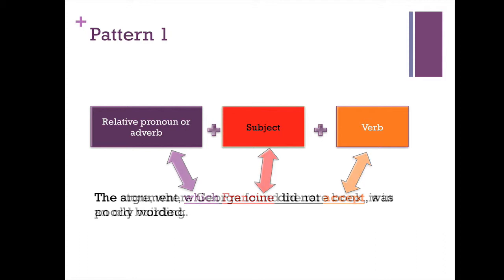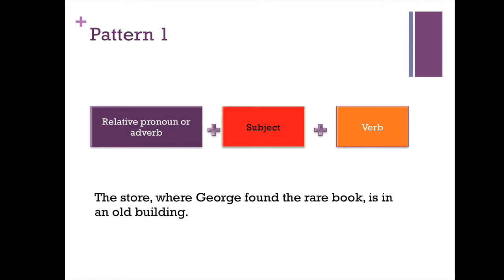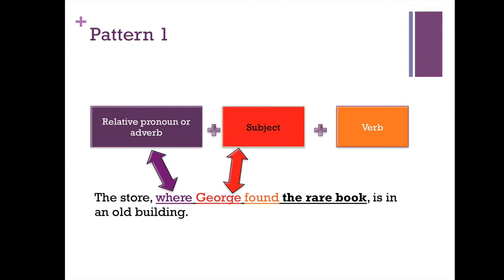Let's see another example. The store where George found the rare book is in the old building. Okay, there is our relative clause, where George found the rare book. It starts with a relative pronoun or adverb, goes on to the subject, and then found, the verb. And of course, the rare book is the object in this clause, but we're not even going to get into that.